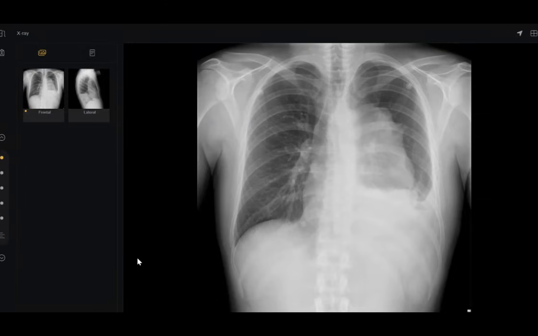A large opacity is noted, broad-based towards the mediastinum, obscuring the left cardiac border. There is also an associated left-sided pleural effusion. The hilar vessels are seen through this mass.